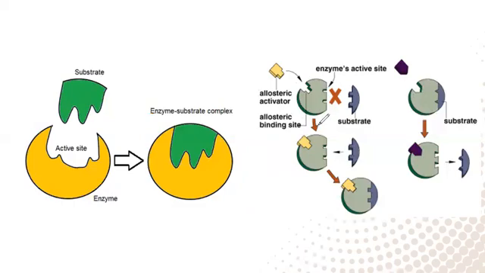The allosteric binding site allows molecules to activate or to inhibit, and it can as well turn off the activity of our enzyme. They will bind on the site and change the conformation. It can change the shape of our enzyme as well.